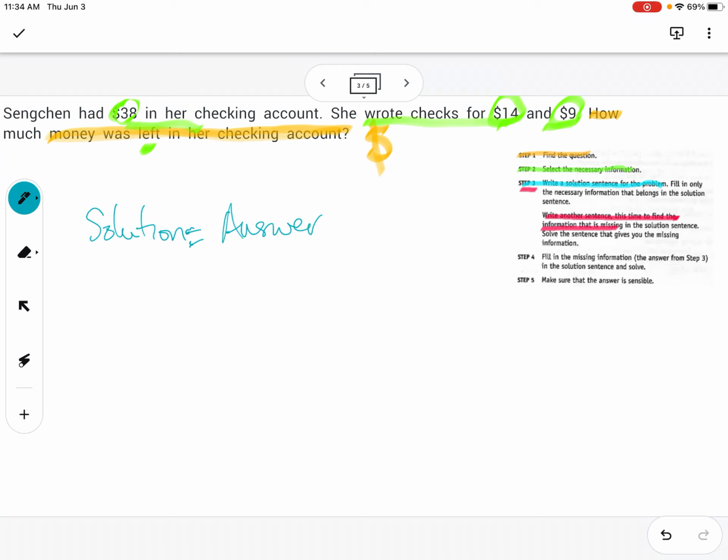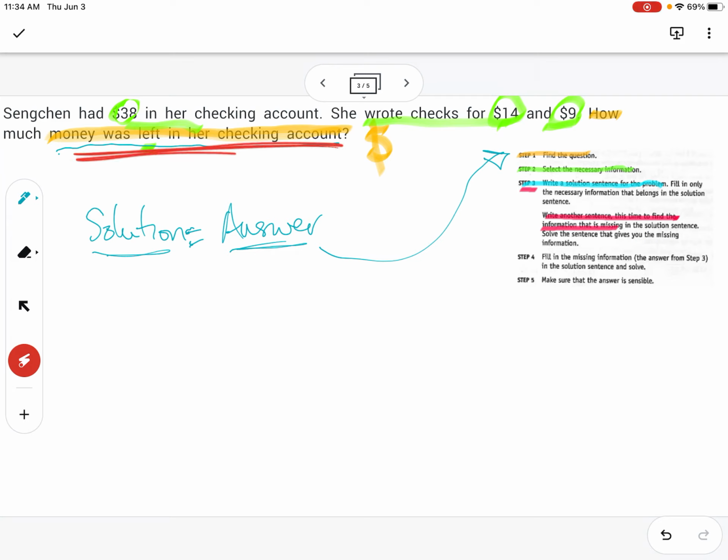But to help us with the solution or answer sentence, we're going to go right back to step number 1. What is the question asking me to find? It's asking me to find how much money was left in her checking account. Once I find how much money was in her checking account, that is my solution. The solution will be the money that was left in the checking account.